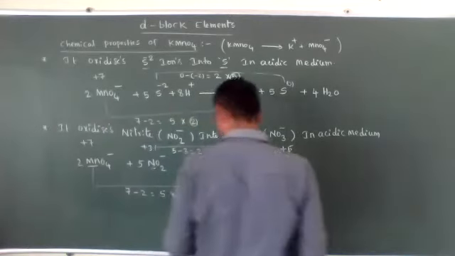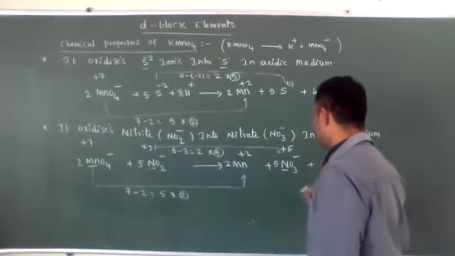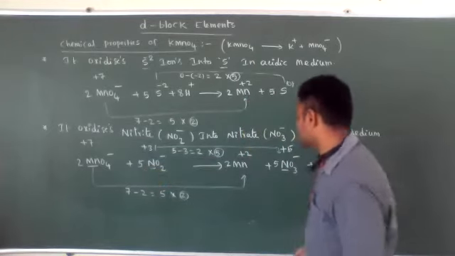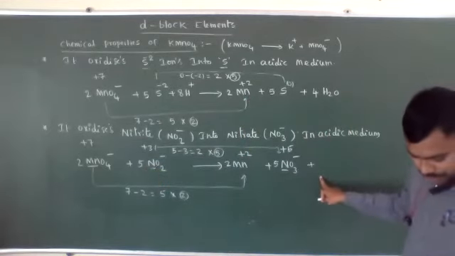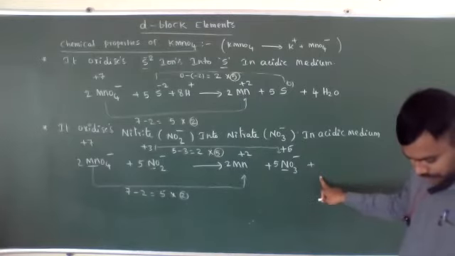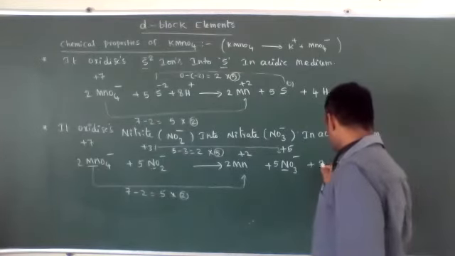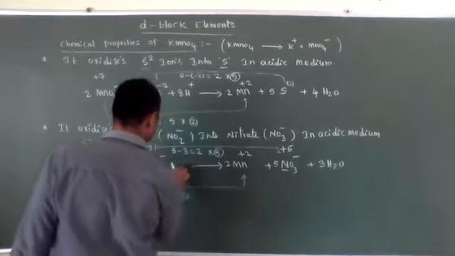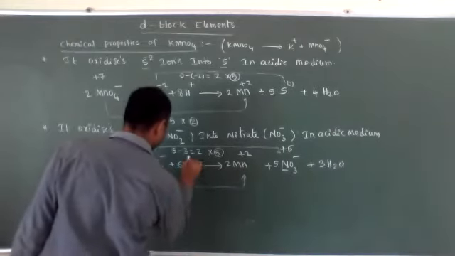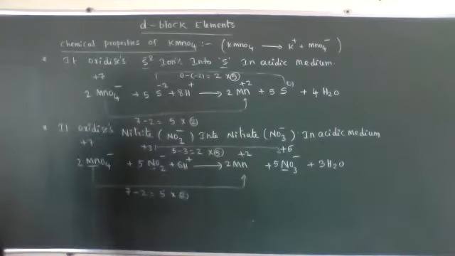For balancing of oxygen atoms, whatever number of oxygen atoms are extra, that many water molecules we need to add. How many more? 3 water molecules. Then for balancing of hydrogen atoms we need to add H plus ions. Now this is the balanced equation.